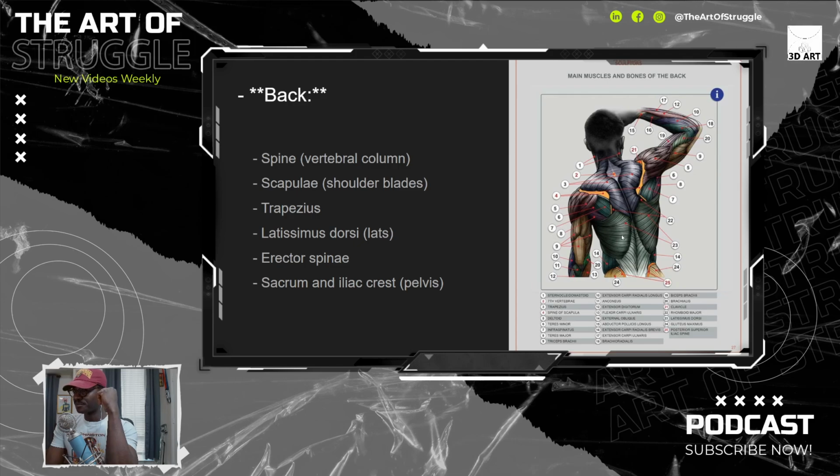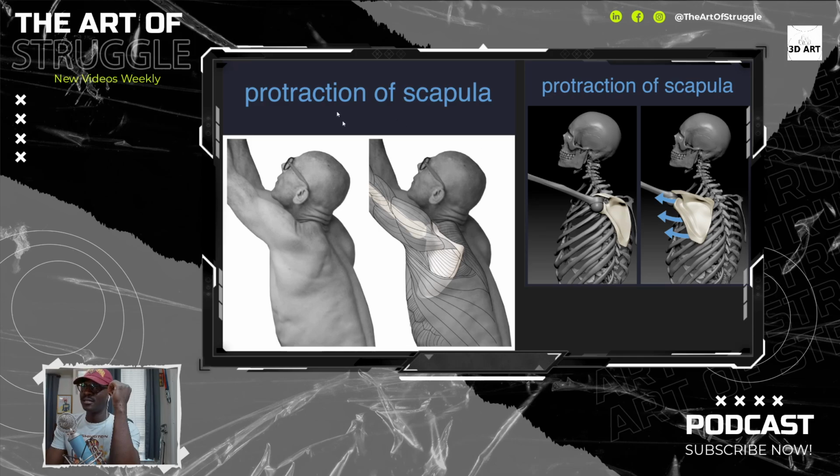All right. So here is the posterior. This is the iliac spine right here, right? And other than these major points, this is what you really focus on the back. So front, back, and then here is the scapula right under that, right?